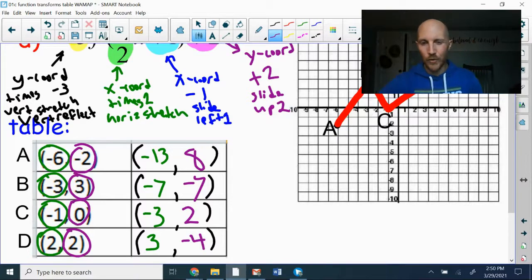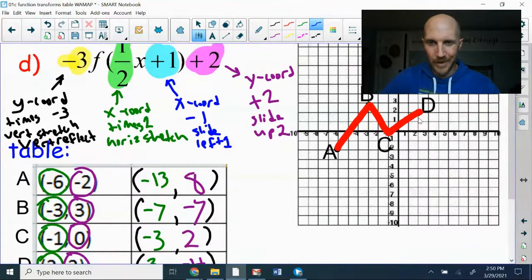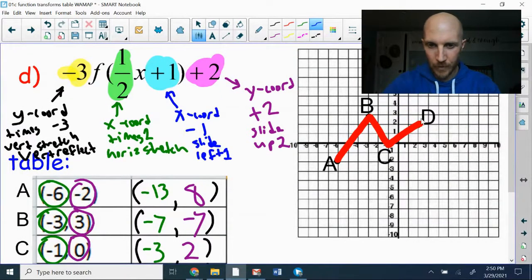All right, so that -13 in point A is going to be off the edge of my graph. If I choose the right color here, we'll still be able to see it. I'll approximate. So -13, 8, up here at 8. So right about here is going to be my A prime.